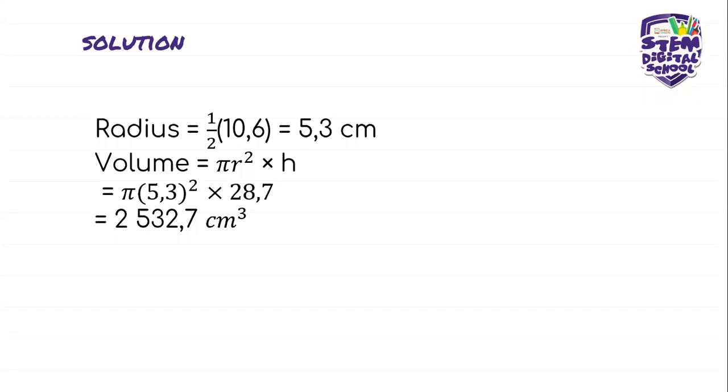Pi has got a value, and it's often defined as 22,7 or 3,14. So it's a mathematical value that is given. Throughout your study of mathematics, you'll realize that pi is a constant. It doesn't change. It stays the same. Right from grade 8 up until grade 12, the value of pi remains the same.